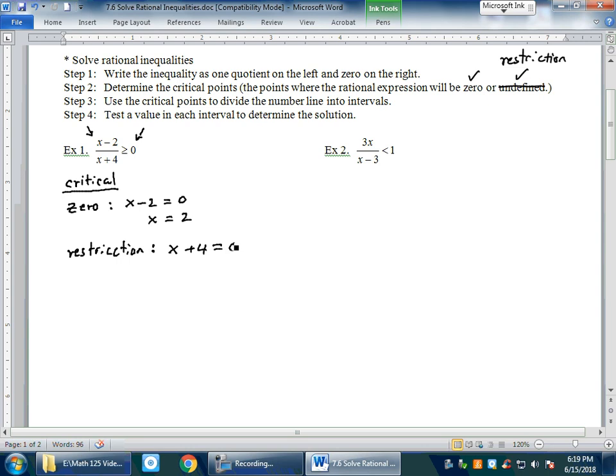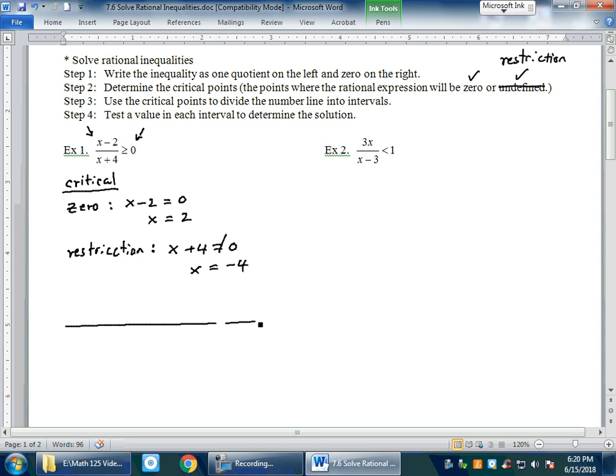Because of the restriction, x can never be equal to -4. For the zero part, whether it's inclusive or not depends on the inequality symbol. In this case, it's greater than or equal to.